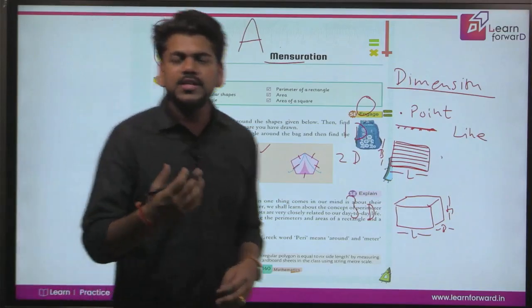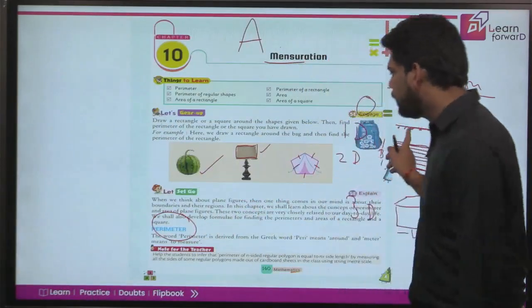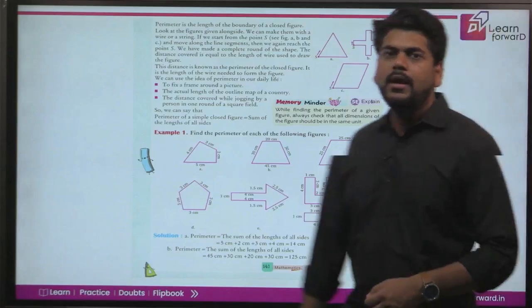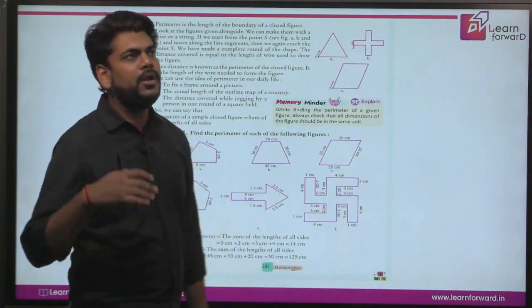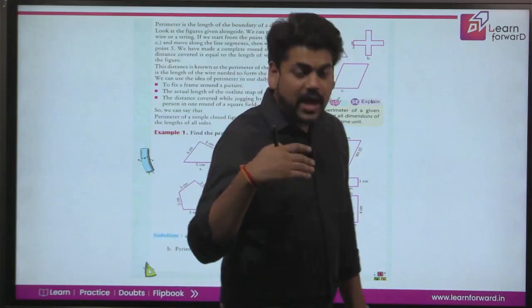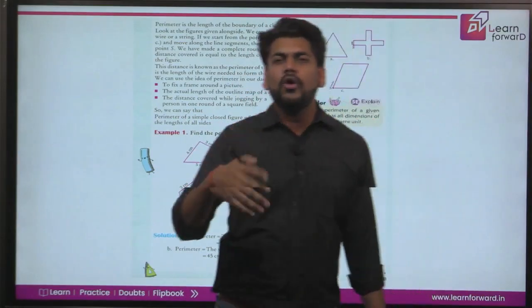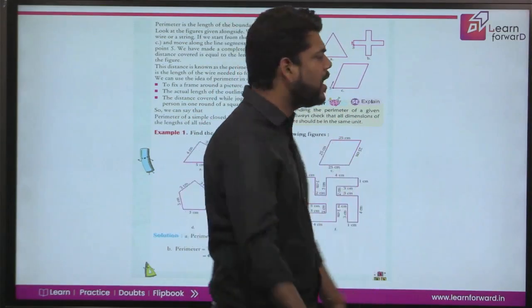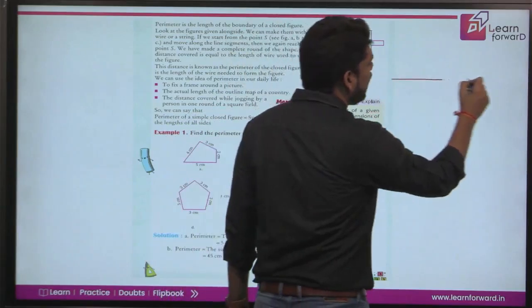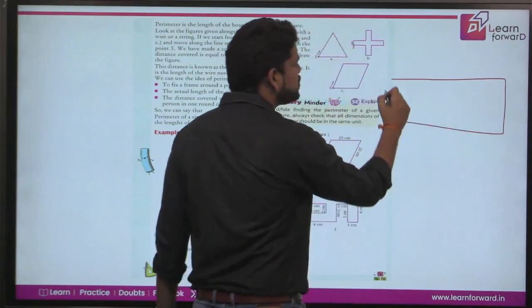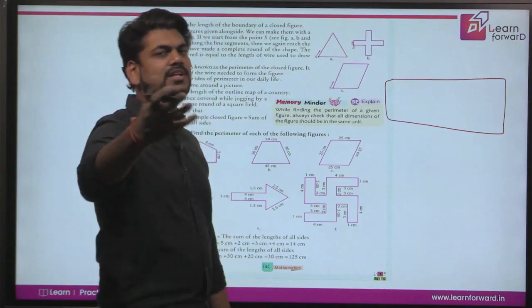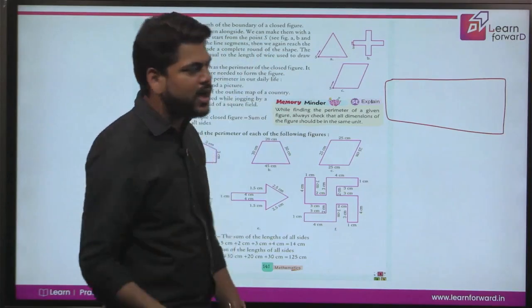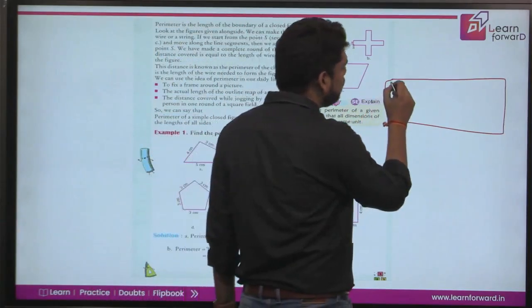Now what do you understand by perimeter? Before telling you the answer, how many of you are in the daily practice of going for a morning walk or evening walk? You must have gone to the parks, right? Most of the parks which we see near our houses are either rectangular or square in shape. There might be parks of another shape too. Let us take a rectangular shape.